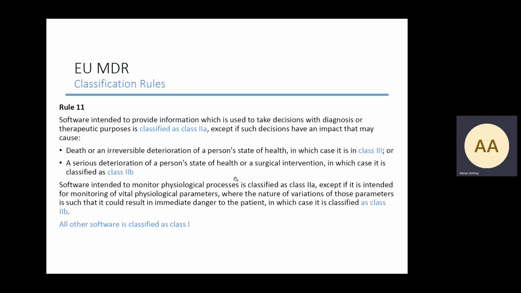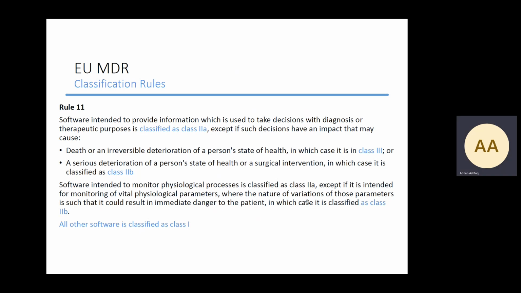Now, this is the reason why we talked earlier about the safety classifications, risk management classification, safety class A, B, C, or minor, moderate, major, and then also performing the risk assessment to identify what possible risks could occur by foreseeable misuse of the software or by any failure of the software, which could lead to death or serious injury or minor injury, where the classification of the overall medical device would then be affected and would become either a class 2B or a class 3.